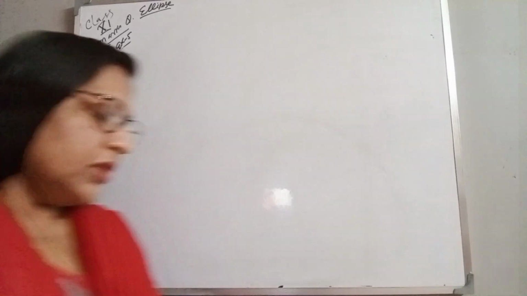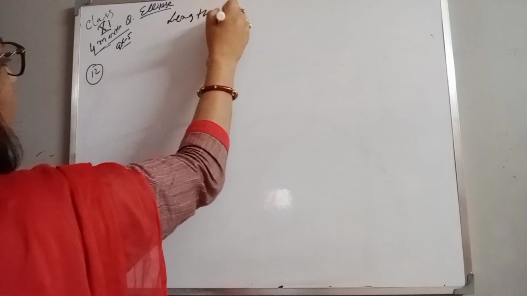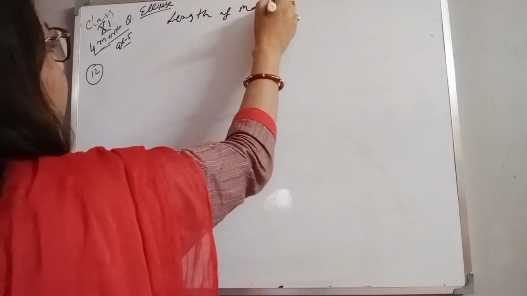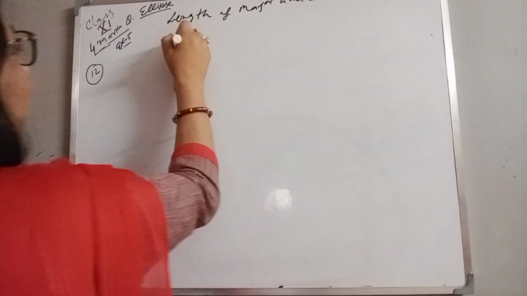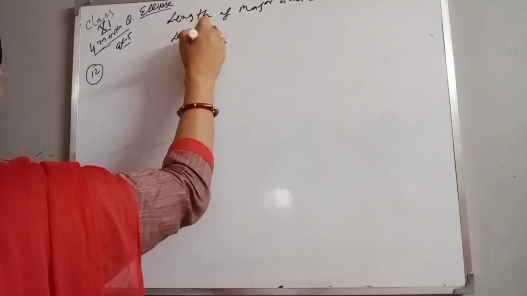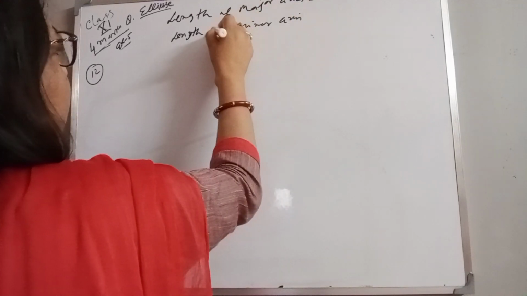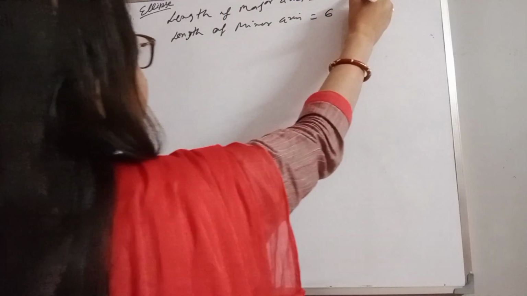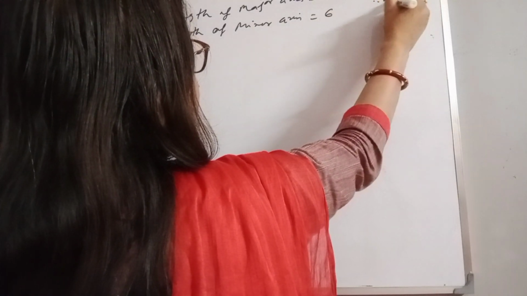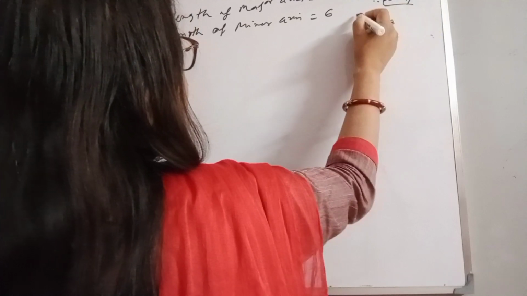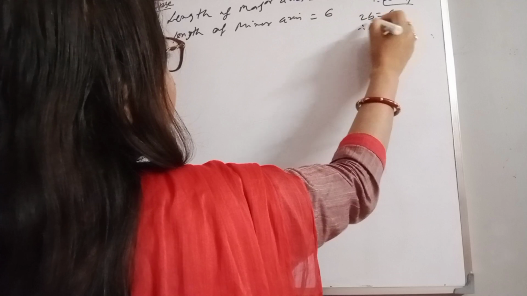So the length of major axis is given as 8 and the length of minor axis is equal to 6. From here we can write 2a is equal to 8, so a is equal to 4. And here 2b is equal to 6, therefore b is equal to 3.